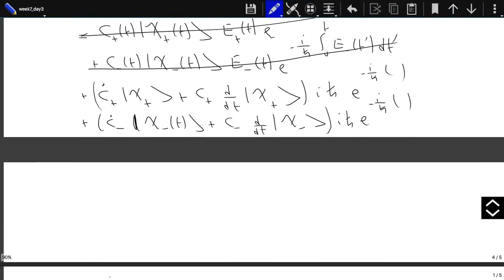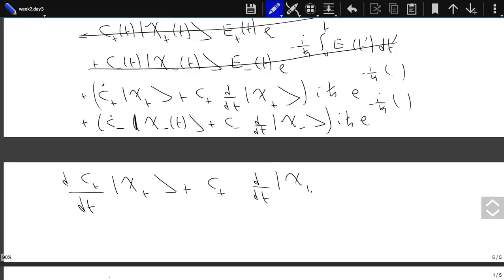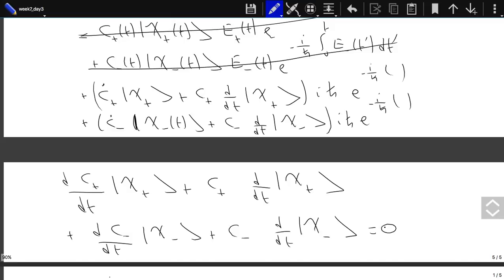What I am left with is dc plus by dt chi plus, c plus d by dt of chi plus, plus dc minus by dt chi minus, plus c minus d by dt chi minus. This should be equal to 0.